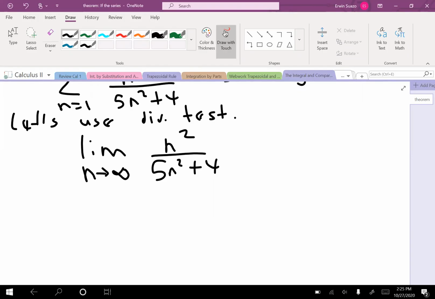What is this limit? 0? No. Is it 1? No. Is it 1 over 10? No. 1 over infinity? No. What about 1 over 5? 1 over 5 is correct.